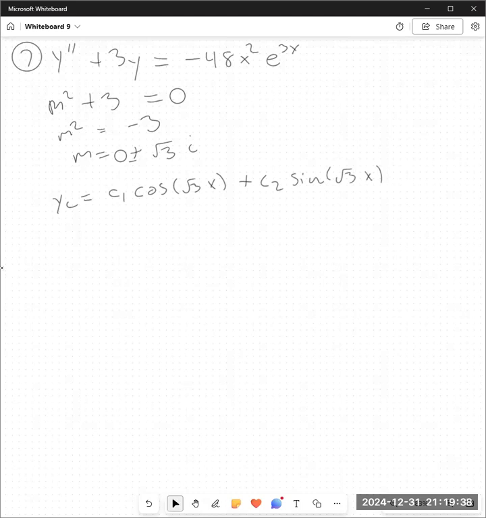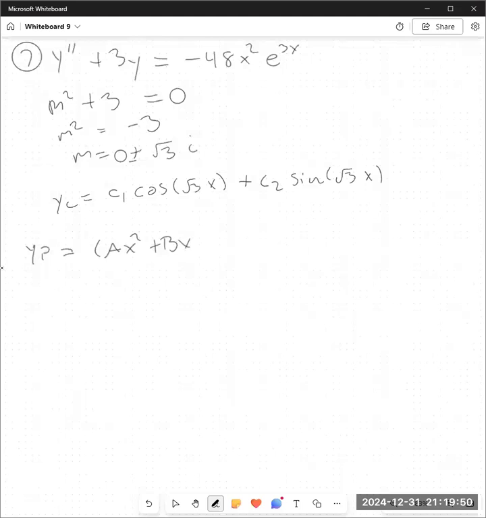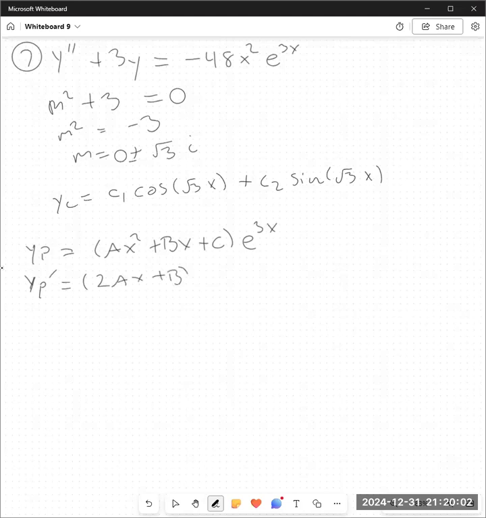And now we're going to pick a yp that could give us this form. So I see a quadratic times an exponential. So I'm going to pick ax squared plus bx plus c times e to the 3x. Yp prime is going to be 2ax plus b times e to the 3x plus 3e to the 3x times ax squared plus bx plus c.